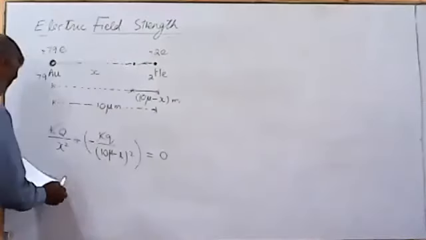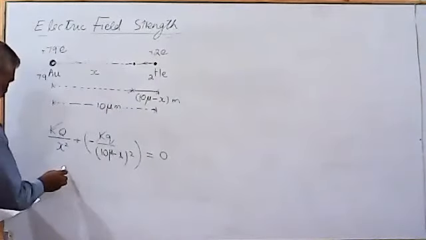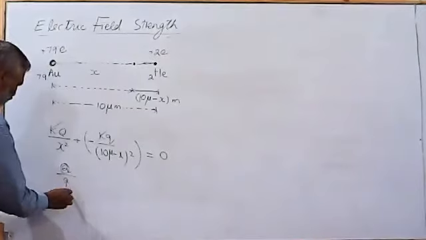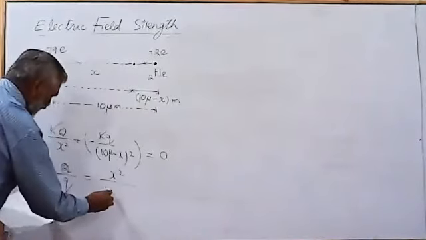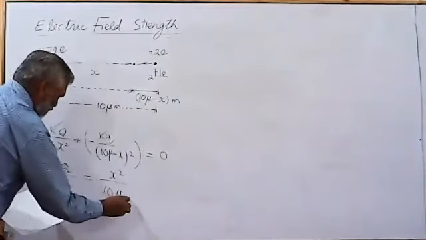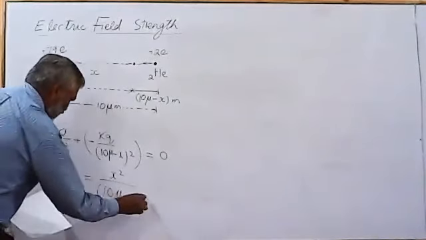It's easy to see that it will become Q over small q is equal to x square over (10 micrometer minus x) whole square.